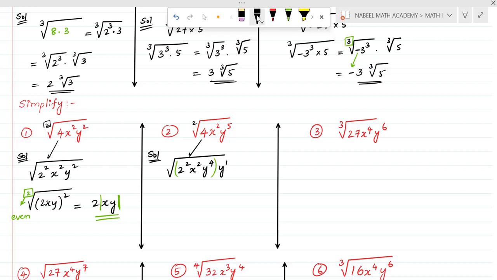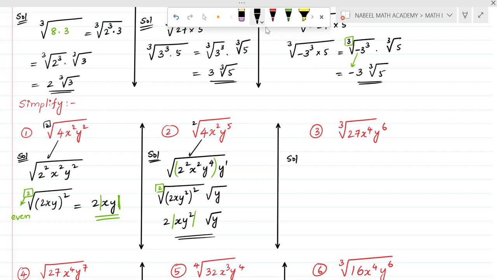So it is the square root of 2xy square whole square into the square root of y. When you apply this, it is 2xy square times the square root of y. And since it is an even power, I have to use the absolute value only for the variable, not for the number.